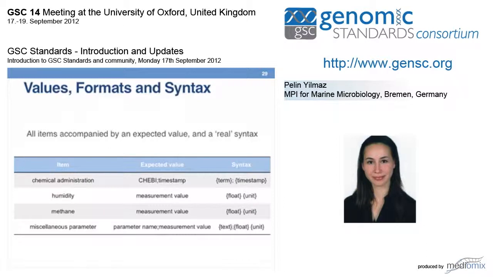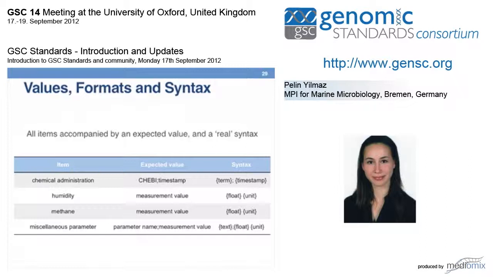What we also did is that we've added these two columns to our tables of standards. We have this expected value, which is sort of like an informal syntax. The expected value tells you what kind of value you should put in for a metadata item.